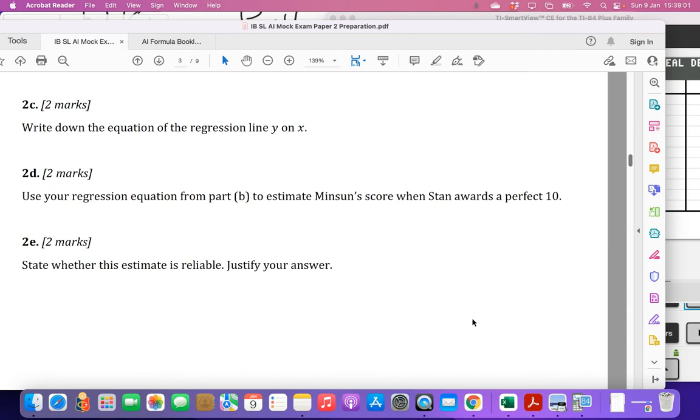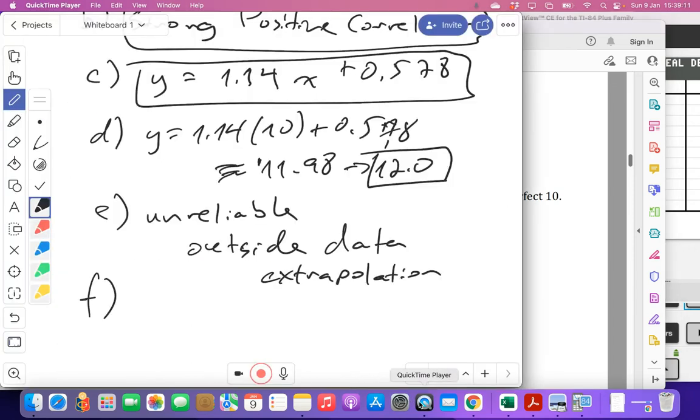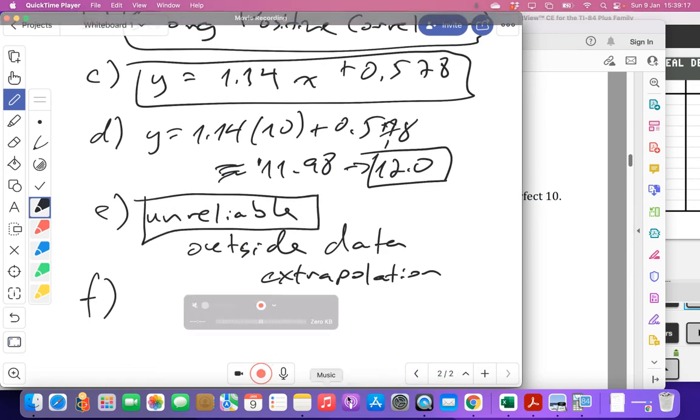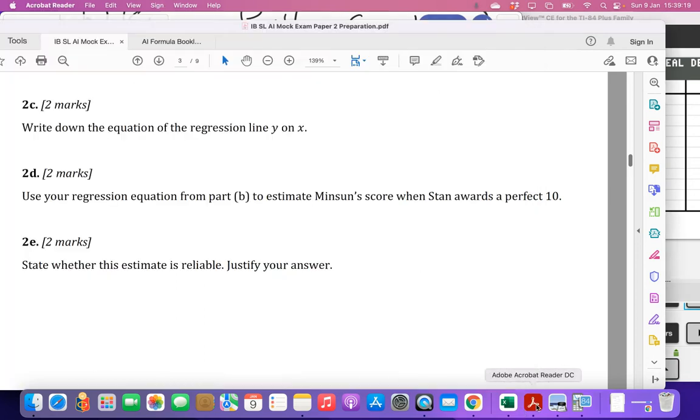So this is extrapolation, not really reliable for our model. Unreliable because it's extrapolation.